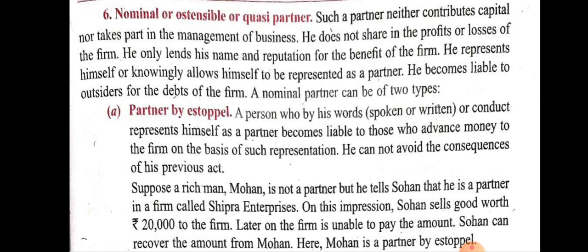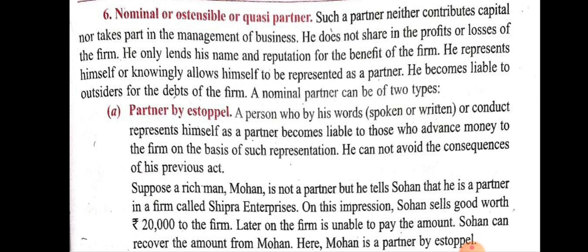A person who by his word, spoken or written, or conduct represents himself as a partner becomes liable to those who advance money to the firm on the basis of such representation. He cannot avoid the consequences of the previous act. So the first type of nominal partner is partner by estoppel.